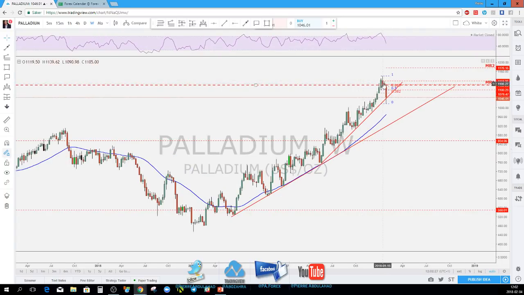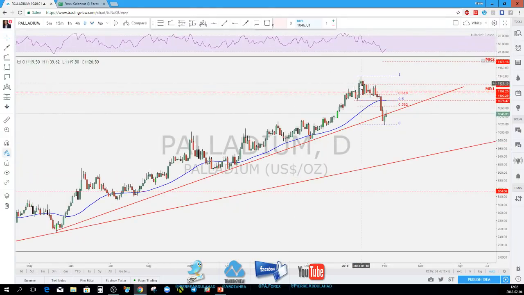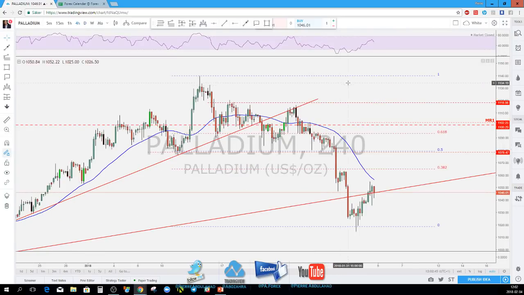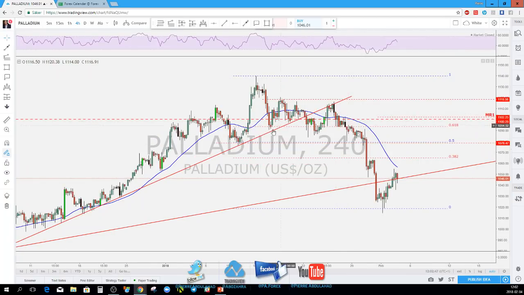On the weekly, we had an inside bar here that worked well, and then we started following on the daily and the 4 hour after this very nice looking bearish day here, making this shooting star formation. We go down to the 4 hour and start following, and as you see on the 4 hour, the price started coiling up, making this triangle here.